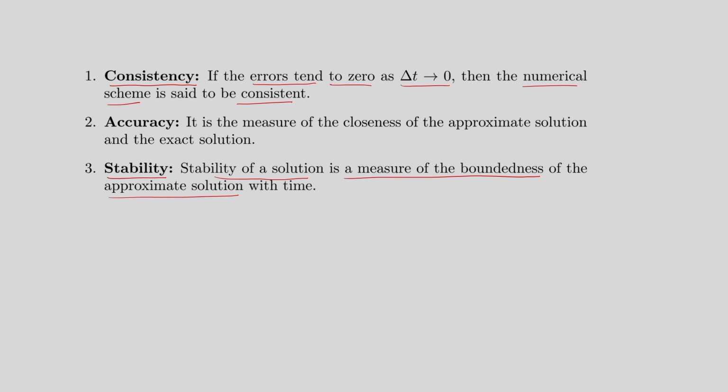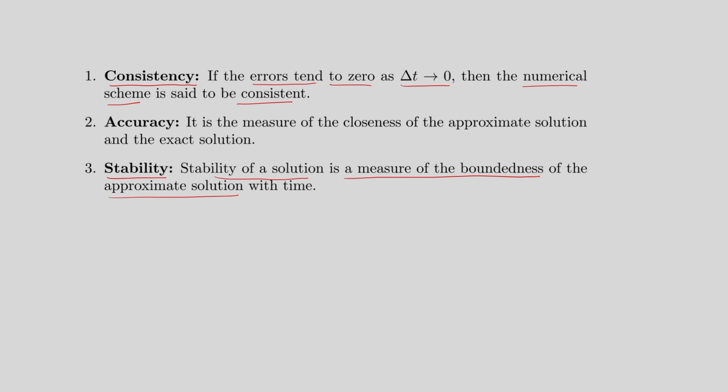Now, suppose at a given time instant your error is quantified as 1. Then in the next time step the error gets multiplied by 2 and becomes 2. In the next instant the error becomes twice of that, so it becomes 4. So at every time instance your error is getting multiplied by 2.